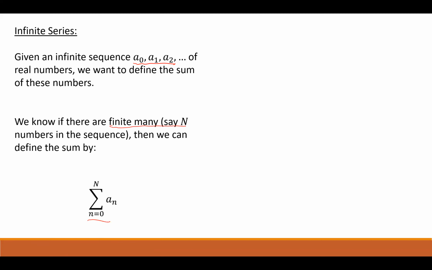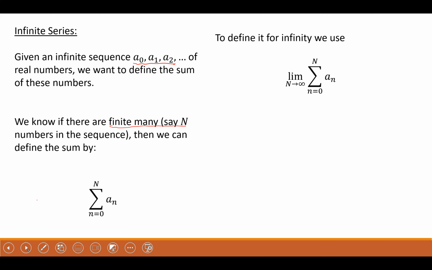We are actually going somewhere with this, but if we want to define it for infinity, right, we can write it as the limit as big N goes to infinity of the sum from little n equals 0 to big N. And we write it like that because it might not be defined for n equals 0 to infinity, right? If I replace that with infinity, I might not get a number. So in order to keep things grounded mathematically, this is how I would write it.